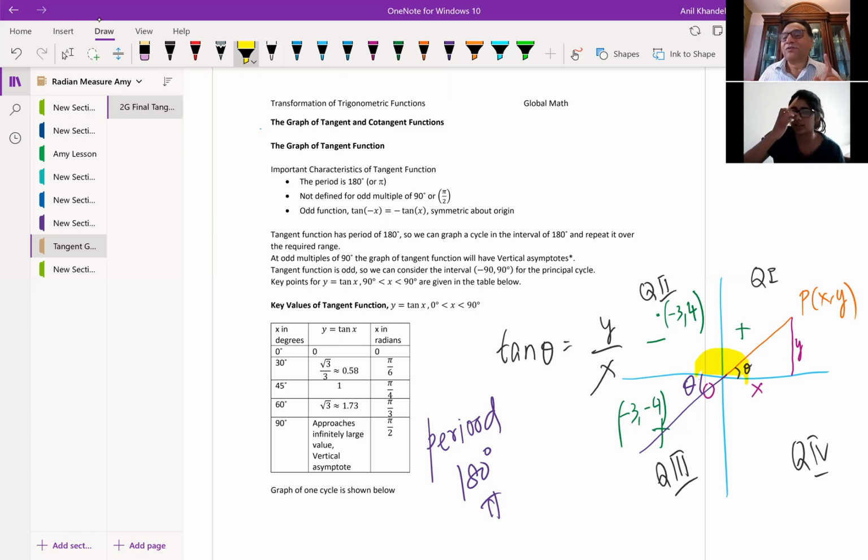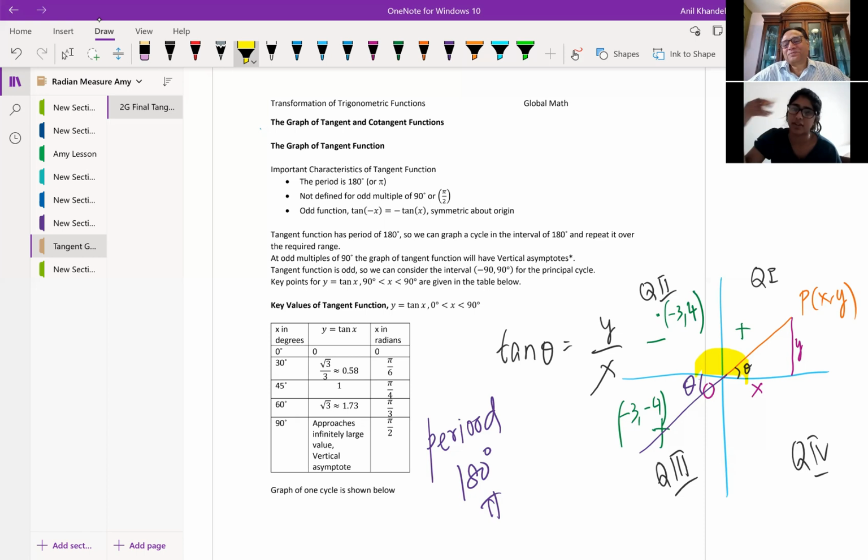For sine and cosine, we were working from 0 to 2 pi or 0 to 360 degrees, because that was their period. So first, when we work on tangent functions, we only have to look at half the circle, which is 0 to pi or 0 to 180 degrees, which gives us full information.